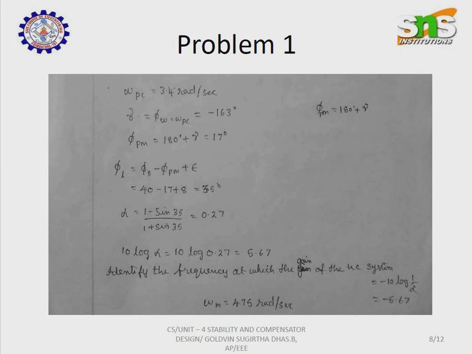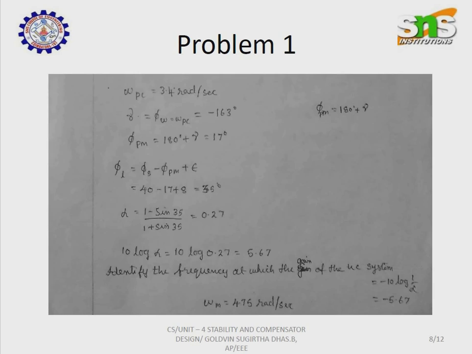Next we have to find 10 log of that alpha value, which gives us 10 log of 0.27, which gives us 5.67. Next we have to identify the frequency at which we are getting the gain value of minus 10 log of 1 by alpha, that is minus 5.67.